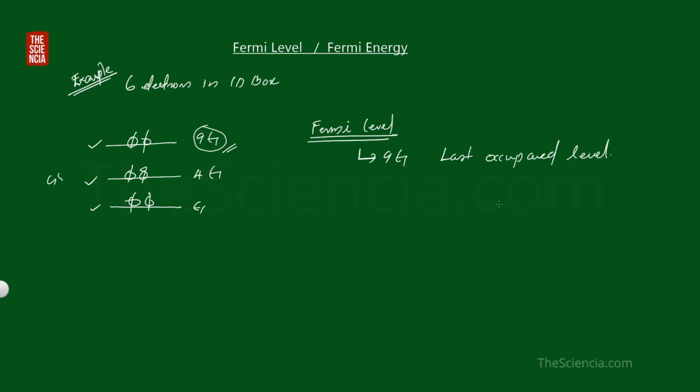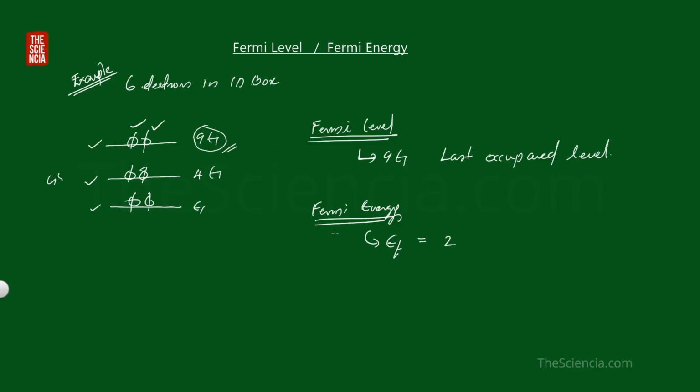The last occupied level is called the Fermi level. Now the next one is, what is Fermi energy? That is represented by EF. What is Fermi energy? Fermi energy is the total energy of the Fermi level. That is, there are two particles in the Fermi level 9E1.